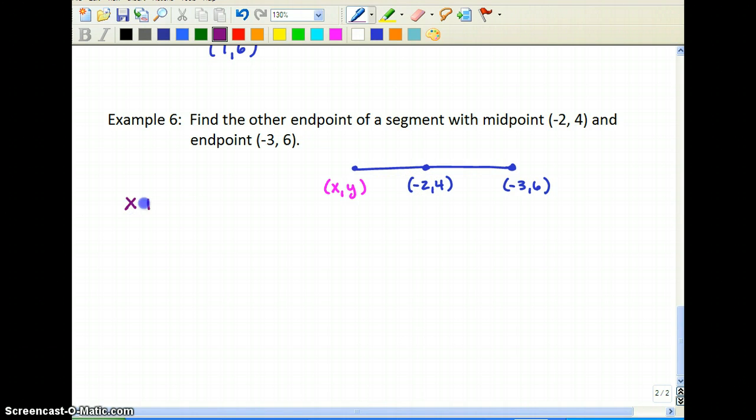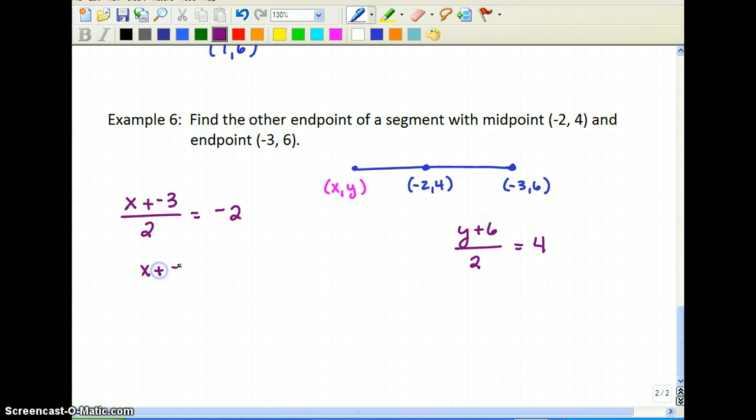So x plus -3 divided by 2 gave us the answer of -2. And over here, y plus 6 divided by 2 gave us the answer of 4. So we want to know, how do you find this value of x and how do you find this value of y? We'll just solve these little equations.